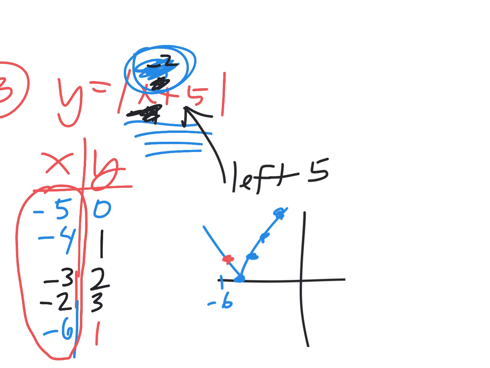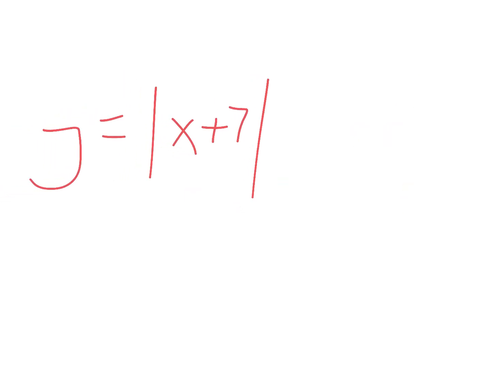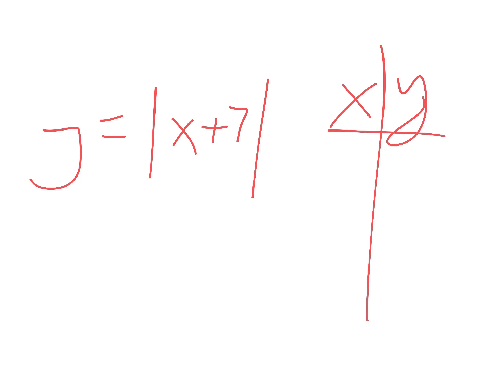Okay, so if I gave you an equation that looked like this, what would be the smart thing to start with for your XY chart? 0, 1, and 2? No, that'd be dumb. What would be smart to start with? 7? That's going to make it be 14. That's a really big number.